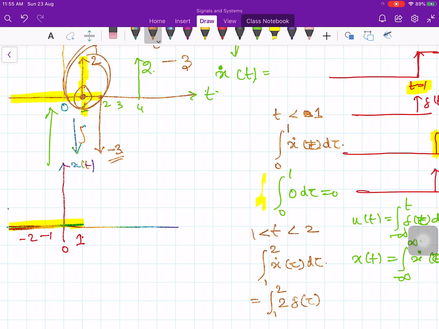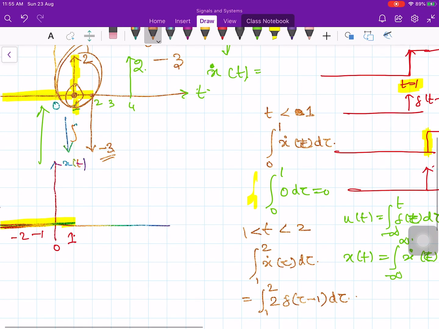d tau. Now this 2 is constant, you can pull it out of the integration: 2 times the integral from 1 to 2 of del of tau minus 1 d tau. This integration area is equal to 1. Therefore it is 2.